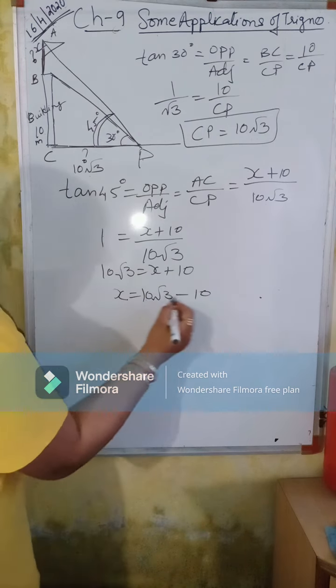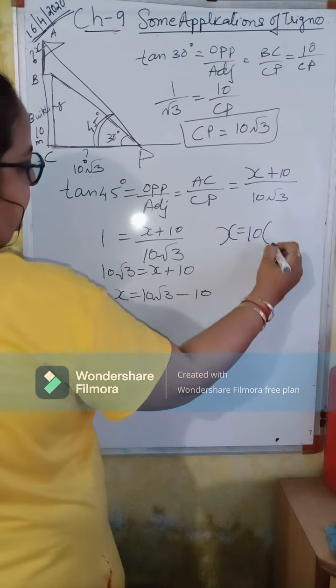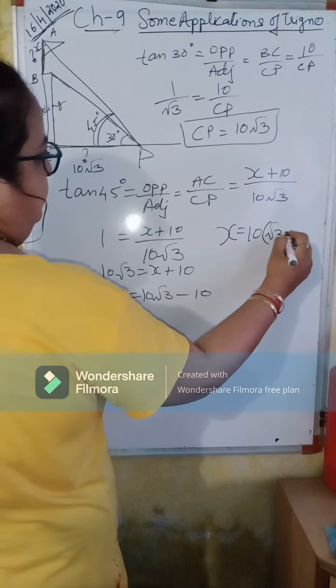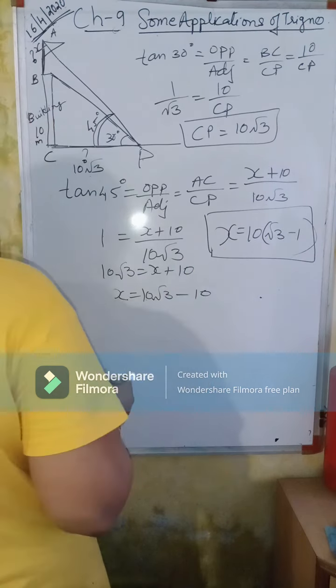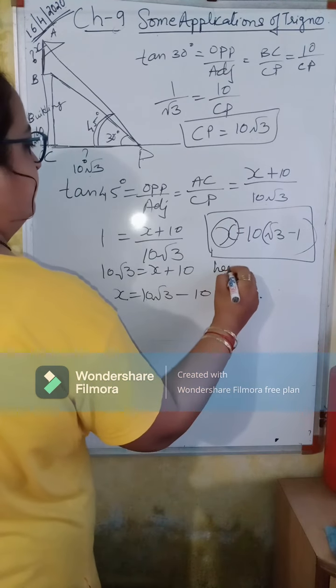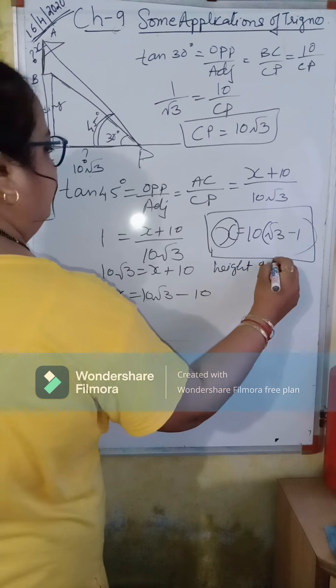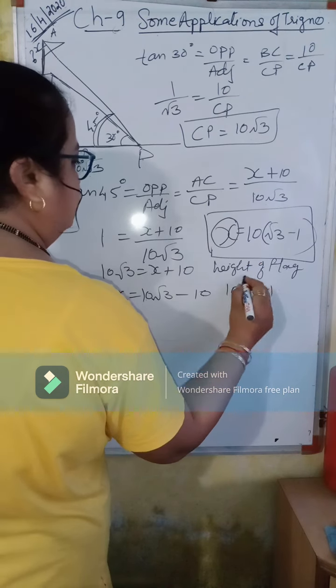Understood? Remove the common 10, so X becomes 10 times root 3 minus 1. This is your answer, the height of X, that is the flag. The height of the flag is 10 into root 3 minus 1.